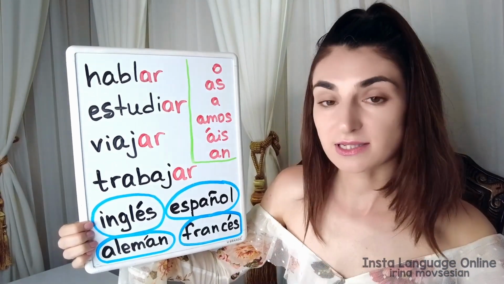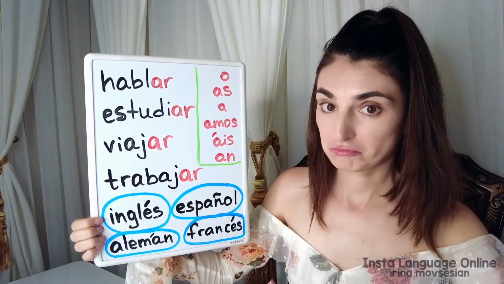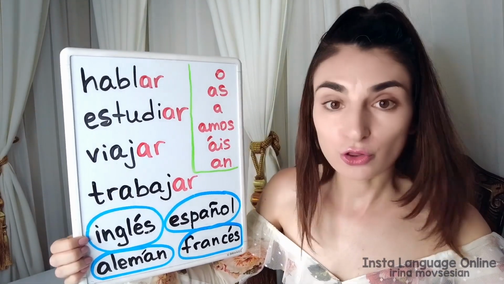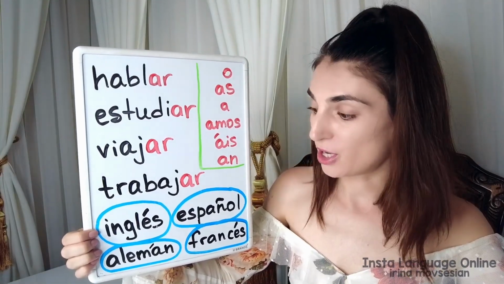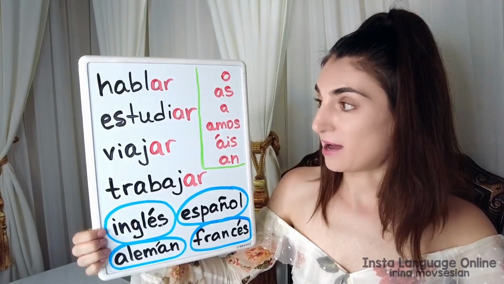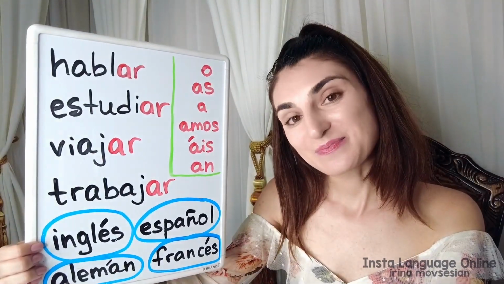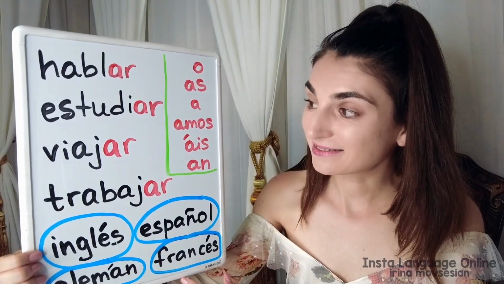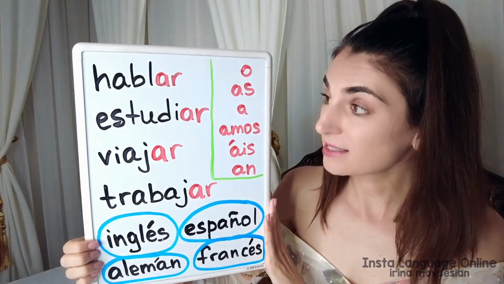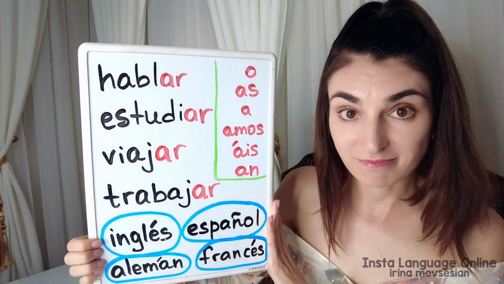I don't study French. No estudio francés. No estudio español. No estudio inglés. No estudio alemán. Do you understand now? So that's very easy. That's very, very easy. Please write all these down. Those are your new words.